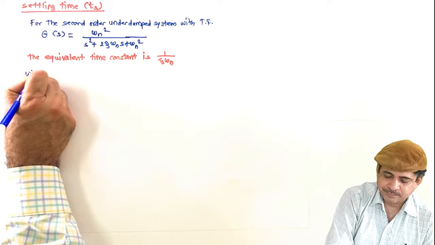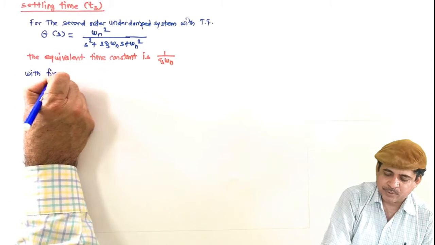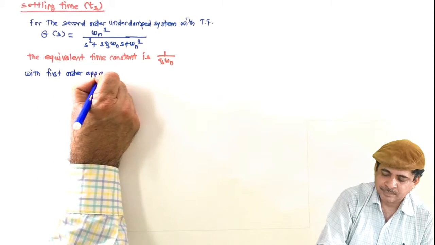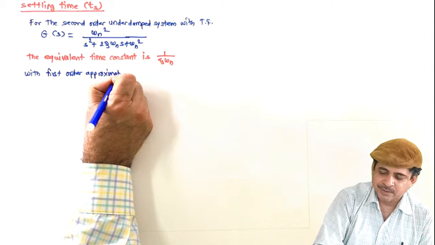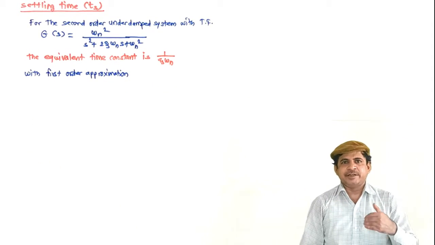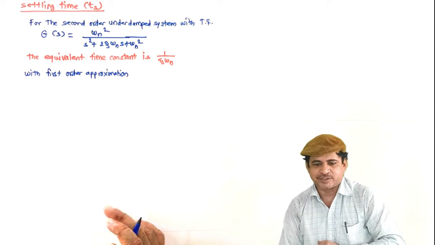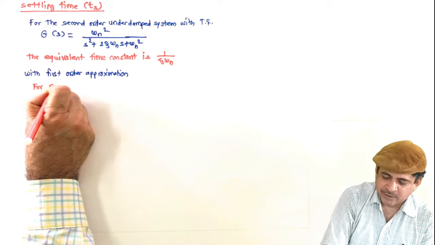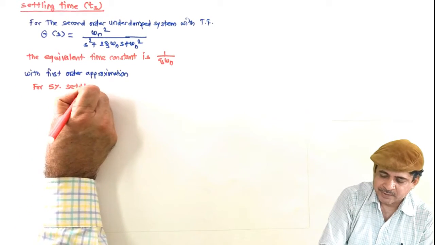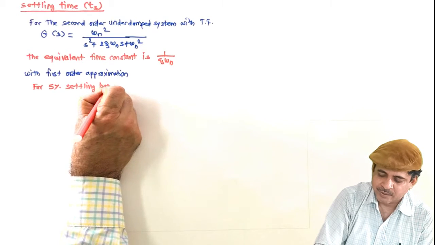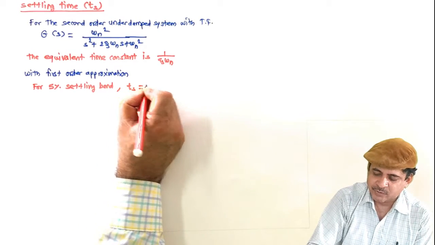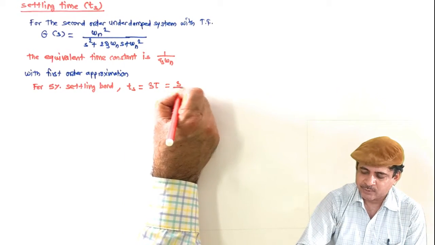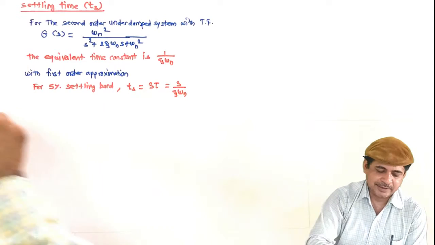Now with first order approximation, in first order system the response never crosses 1. So when it reaches 95%, it has entered the 5% band. So with the first order approximation, for 5% settling band, Ts is equal to 3 times time constant tau, that is equal to 3 upon zeta omega n.